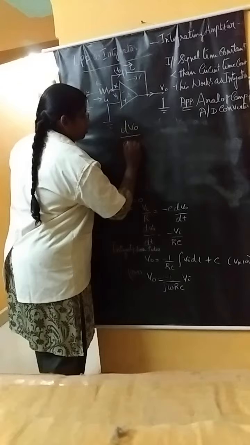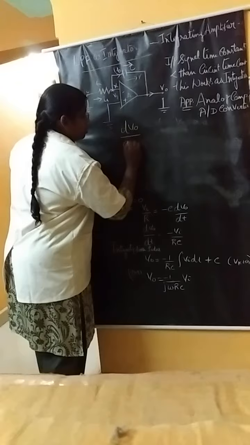Therefore I1 equals IF. I1 equals (Vi minus Vs) by R, and IF equals C into d(Vs minus V0) by dt.